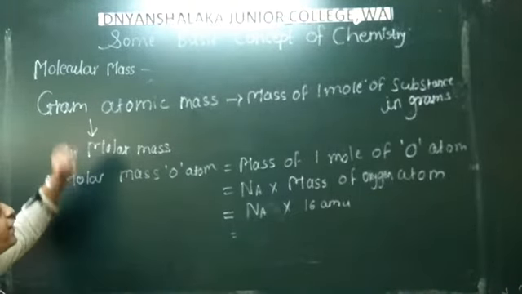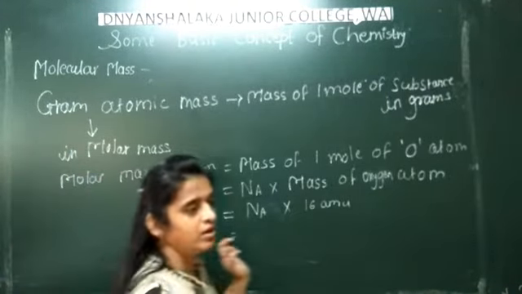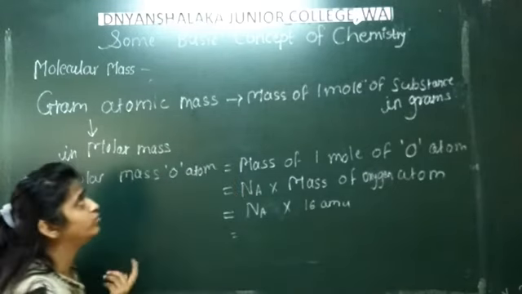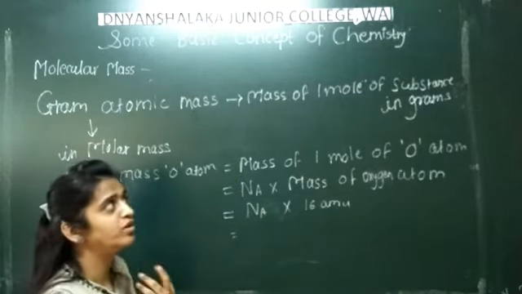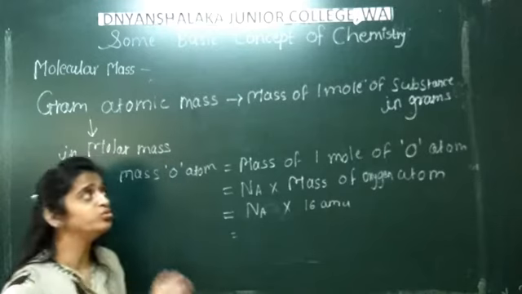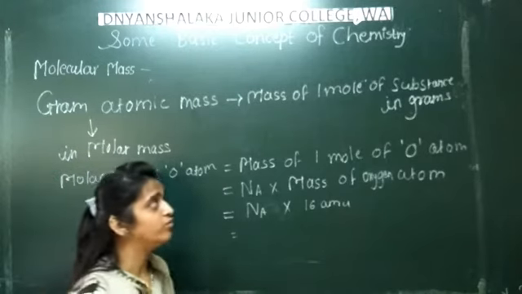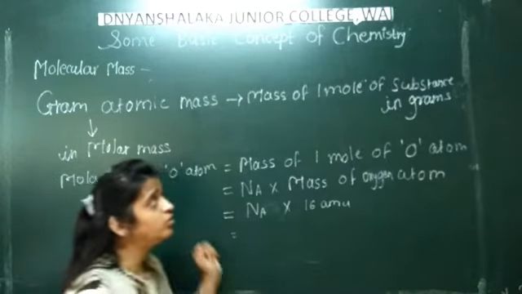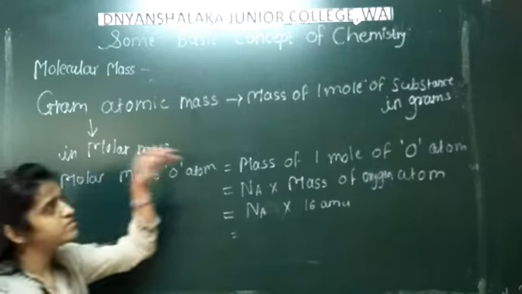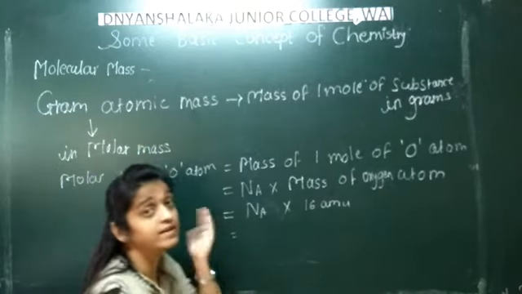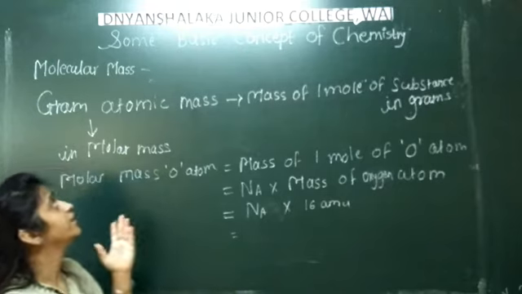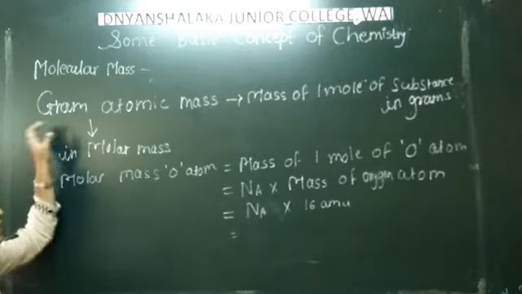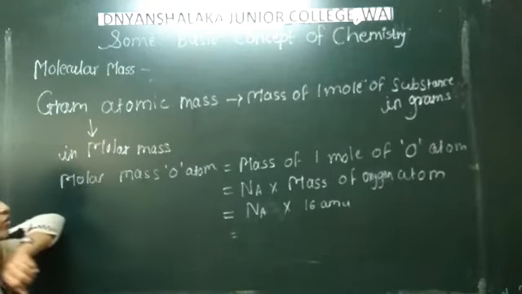Next, gram atomic mass. In the last lecture we studied atomic mass, meaning the total number of protons and neutrons present in the nucleus, or the mass of 1 mole of substance. Gram atomic mass means the mass of 1 mole of substance in gram, and it is given as molar mass.